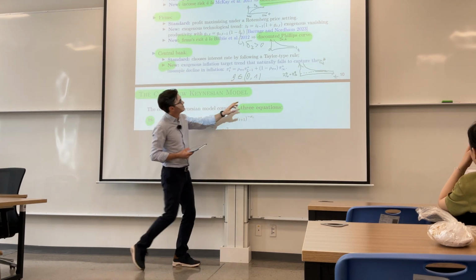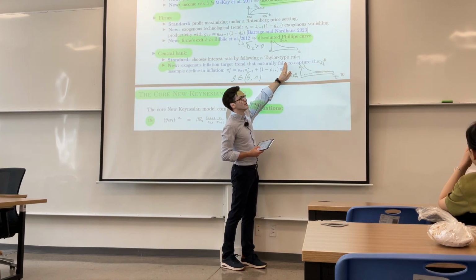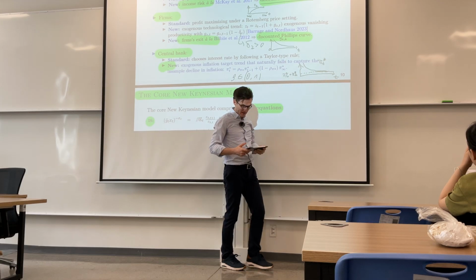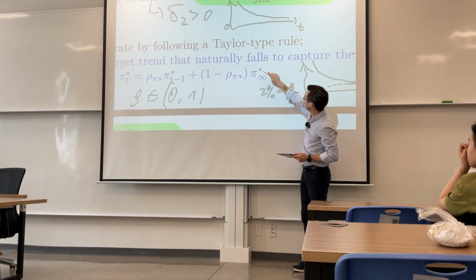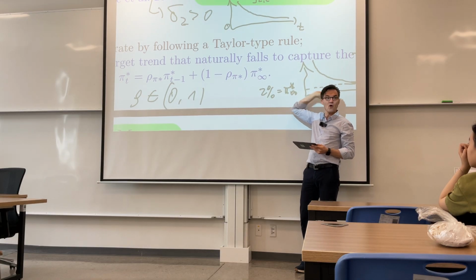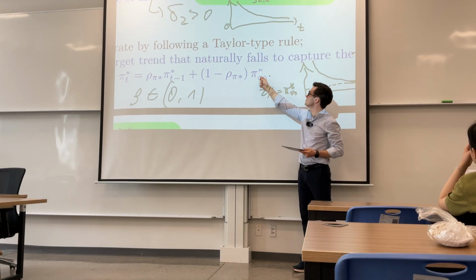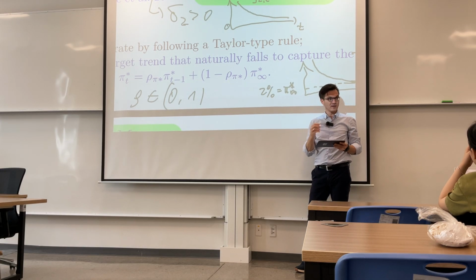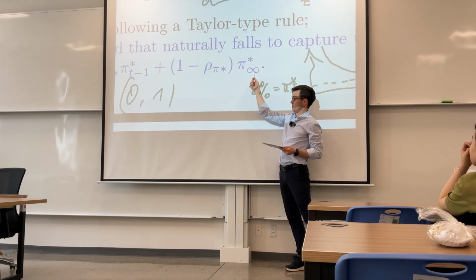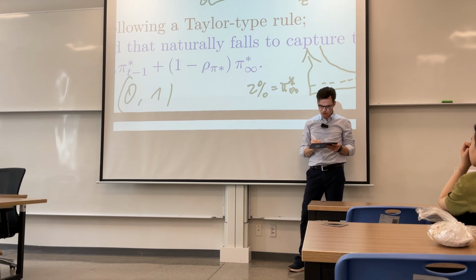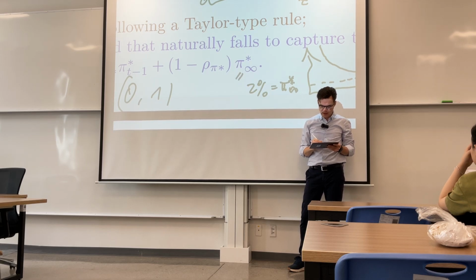What this pi is, is nothing else than this. When we discussed the slide, we said pi star infinity is the long run inflation target, like this is 2%. In the Taylor rule, the authors didn't write this as pi star infinity, and I would just like you to write this as equal to pi.